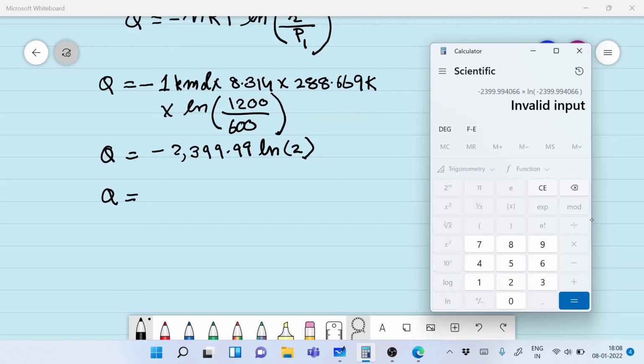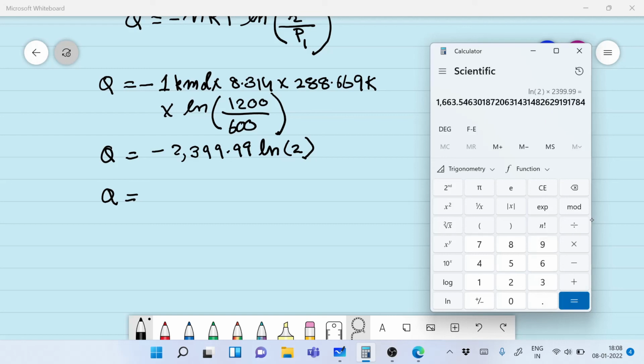So let's take that 2 and ln and multiply it by 2399.99.